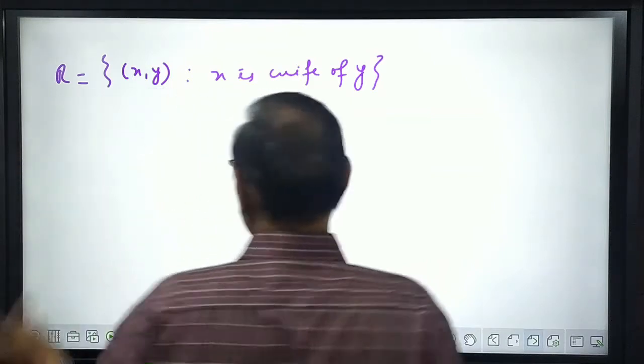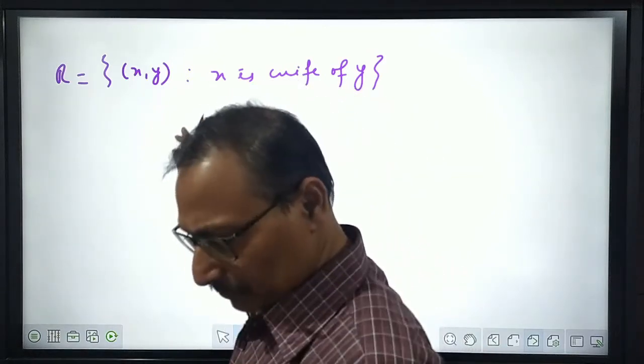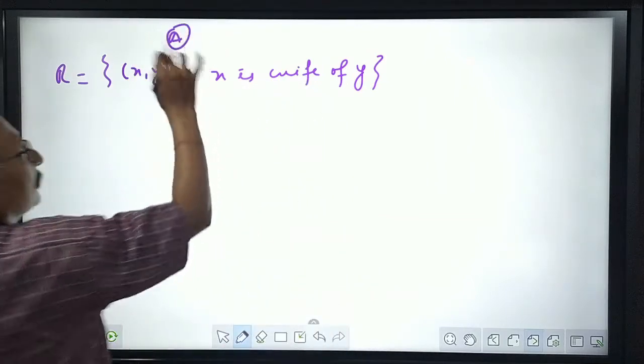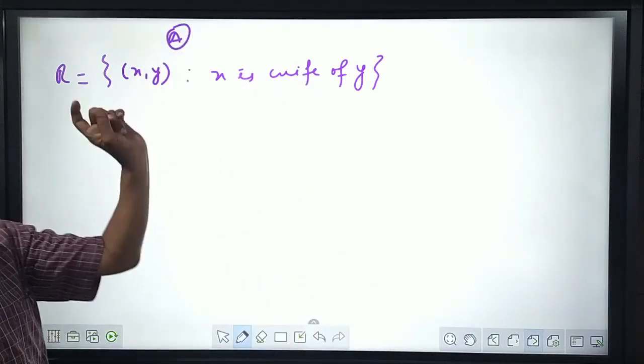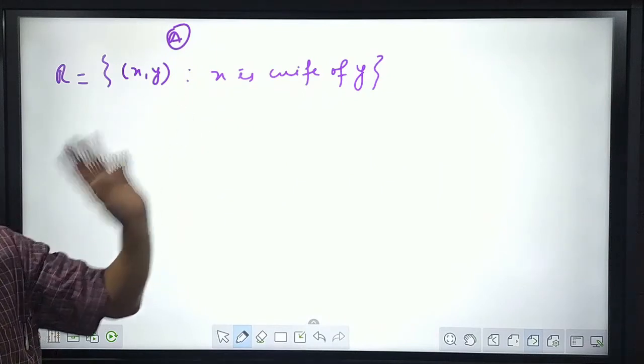And again I would say, to check reflexivity, we will take any element from the given set A, that is the collection of all human beings present at a certain place at a certain time.